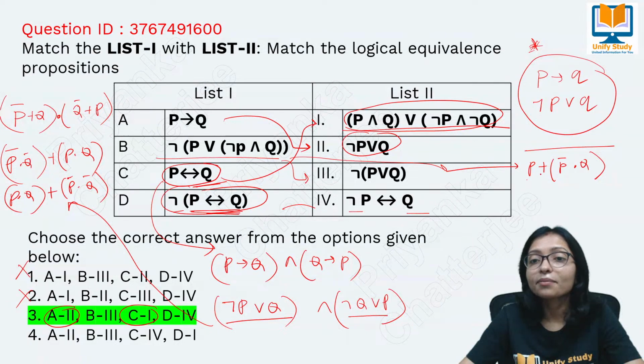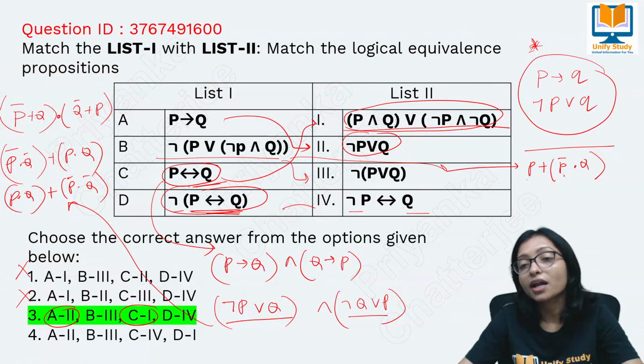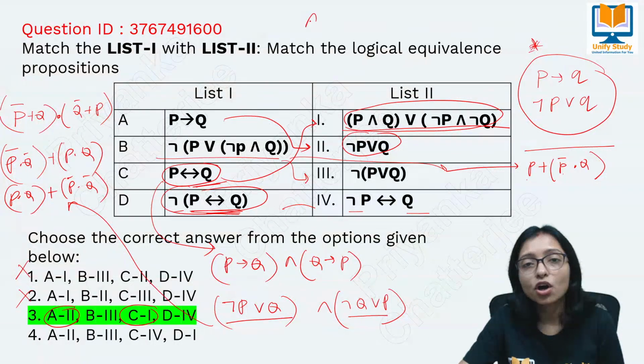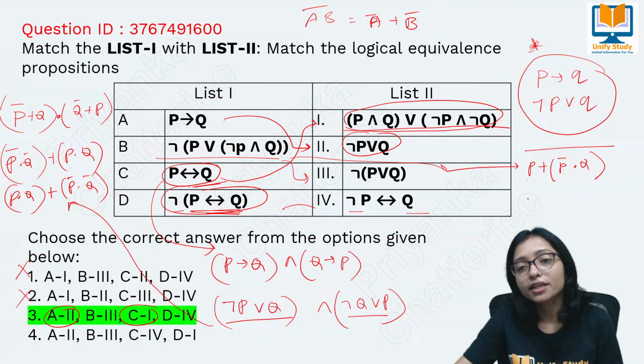There is a formula, De Morgan's law. De Morgan's law is telling you AB whole bar, I can write A bar plus B bar. That is De Morgan's law. So using De Morgan's law, you can do it P bar plus P bar Q.